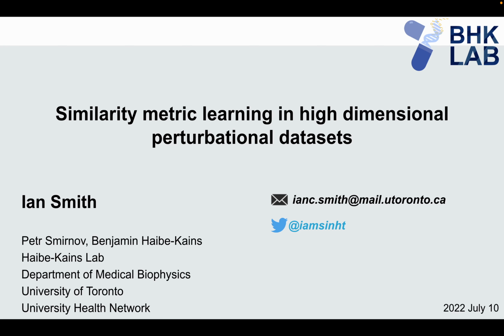The technique that I use in this project, similarity metric learning, is an application of self-supervised learning, which is a technique from machine learning. Self-supervised learning has been successful in fields like image representation learning and natural language processing. In this technique, an embedding is learned in the space that brings samples that are a priori known to be similar closer together.